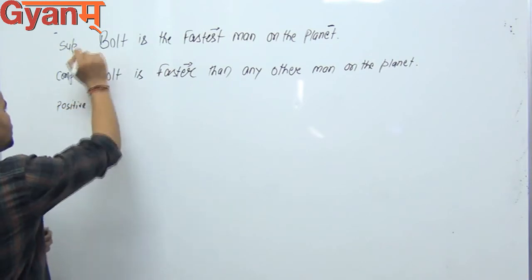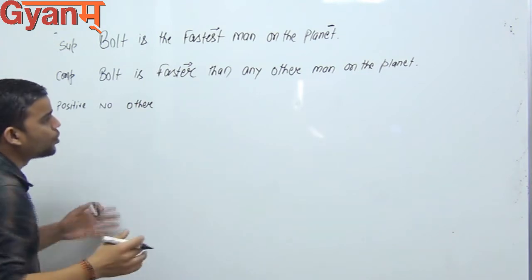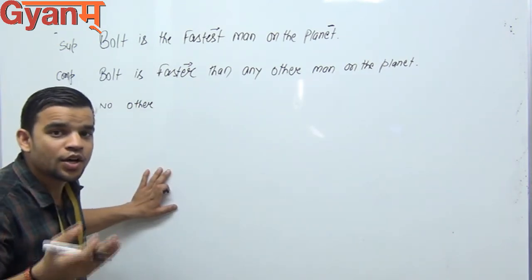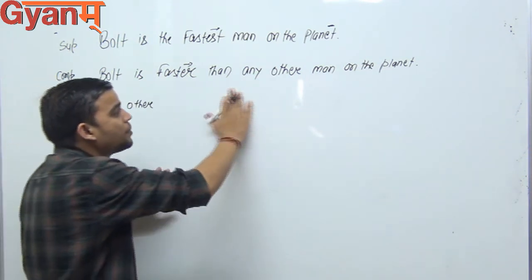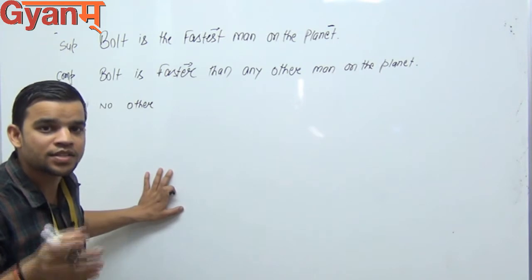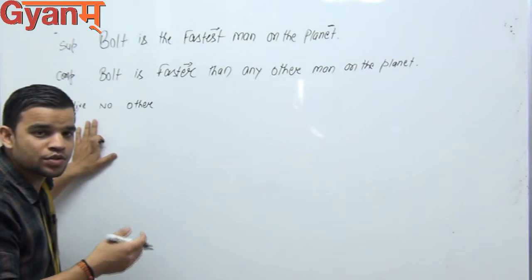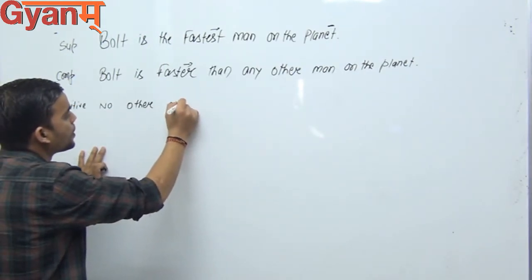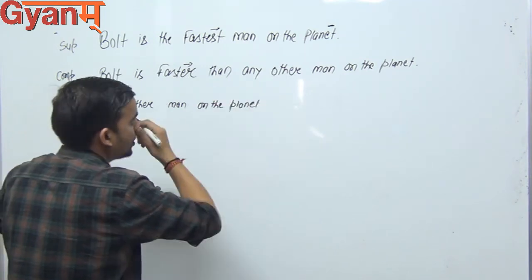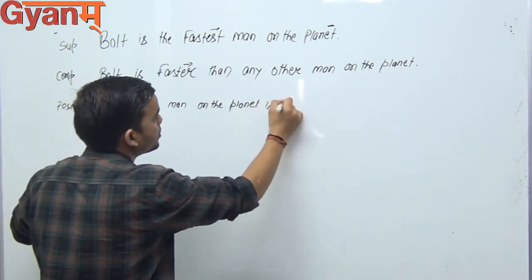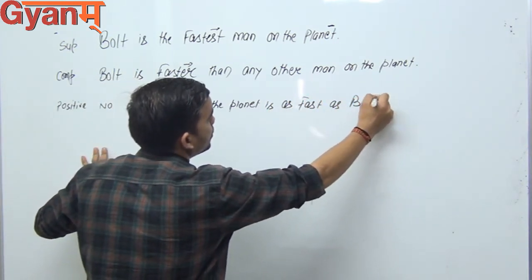In positive degree, we start the sentence by writing no other. As I've already told you, Bolt is faster than any other. While making positive, we have to write no other, because any other made it clear that there is no one as fast as Bolt. So I have started the sentence using no other man on the planet is as fast as Bolt.